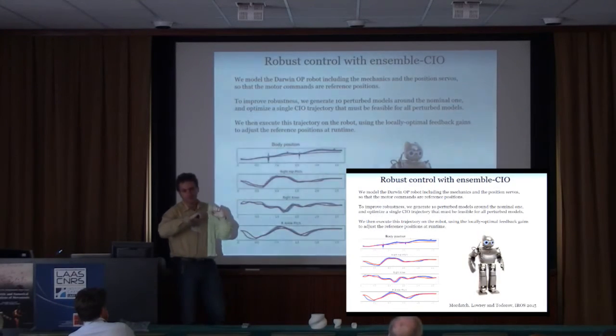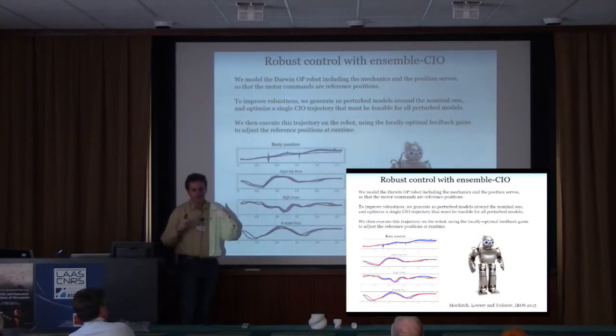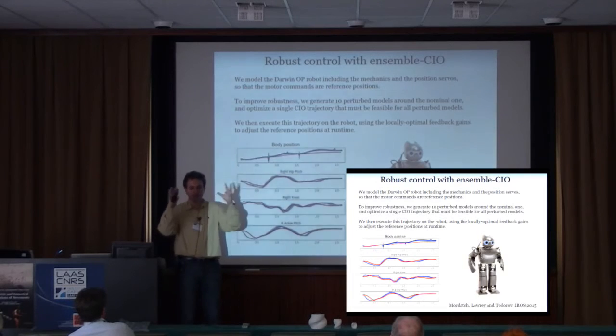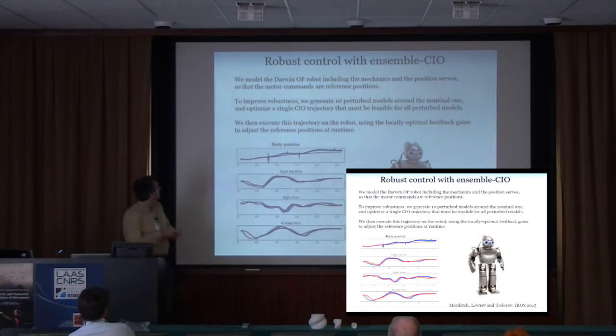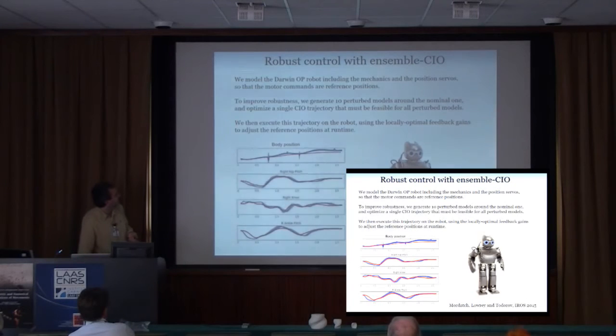And we're going to optimize a single motion such that it's physically consistent for all of them. That is, there exist command signals that will make the robot do that, according to a simulation. And so the idea is that if such a motion exists and it's consistent for all 10 of them, then it probably works for everything in the middle. And that's not a proof, but it's an intuition. And then we just execute this on the system and see what happens. And we actually use feedback in real time to adjust the reference positions, which are the commands.